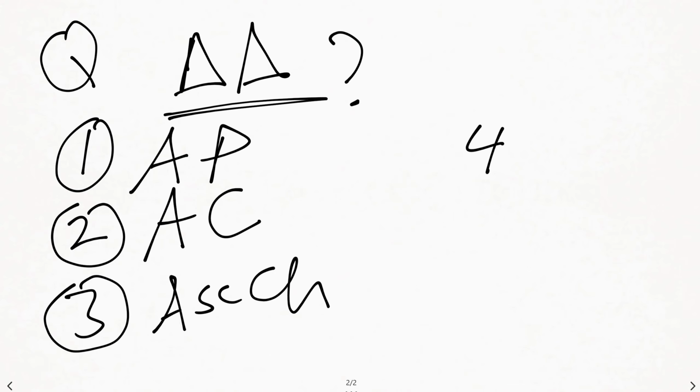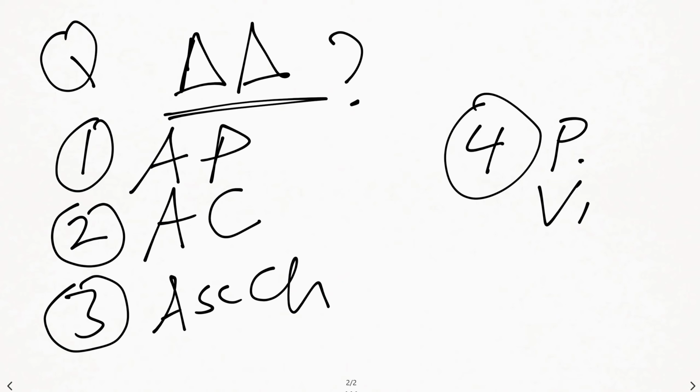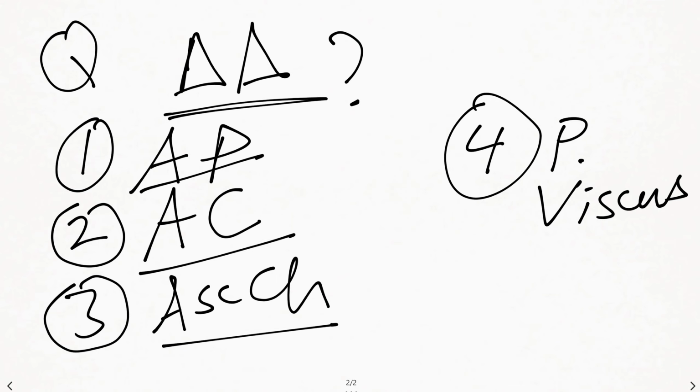And number four, a perforated viscus. These are the four differential diagnoses the examiner is seeking: acute pancreatitis, acute cholecystitis, ascending cholangitis, and perforated viscus.